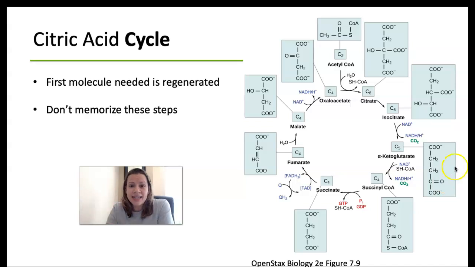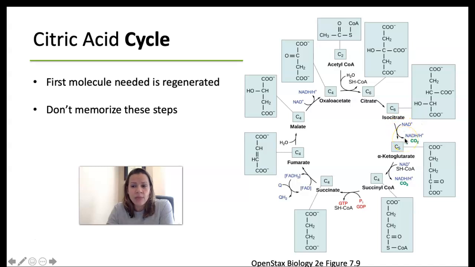You do not need to memorize all of these steps, but what you do need to be able to do is look at a step and tell me what's happening. So over here, I can see that there's something going on where NAD+ is converted to NADH. You should be able to tell me that that's a reduction reaction, that NAD+ is being reduced.